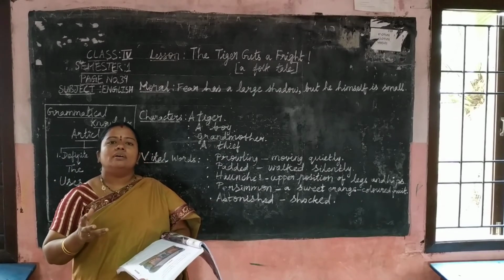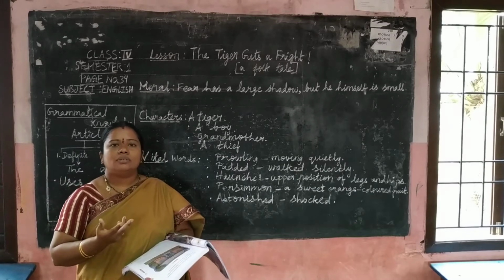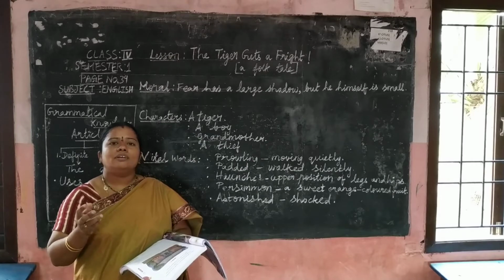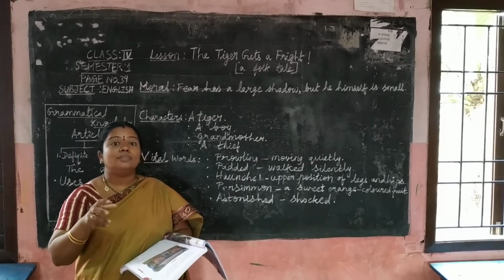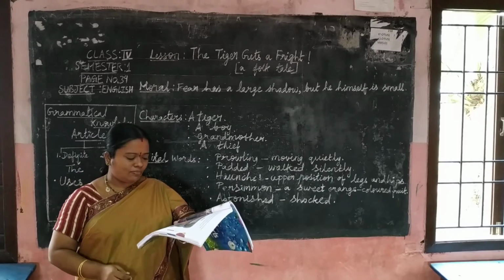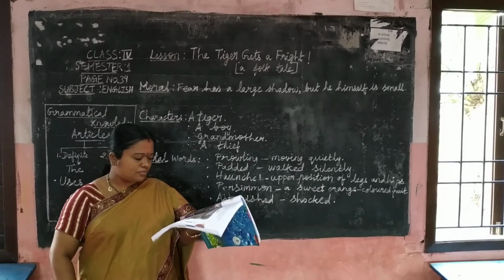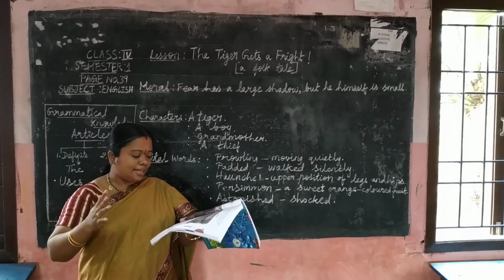So what did the grandmother do to stop the boy from crying, what fear did she create in the boy? She said, if you go on crying loudly like this, the tiger will come and catch you. So stop crying. Did the boy stop crying, children? No. The nasty striped tiger will come and get you.